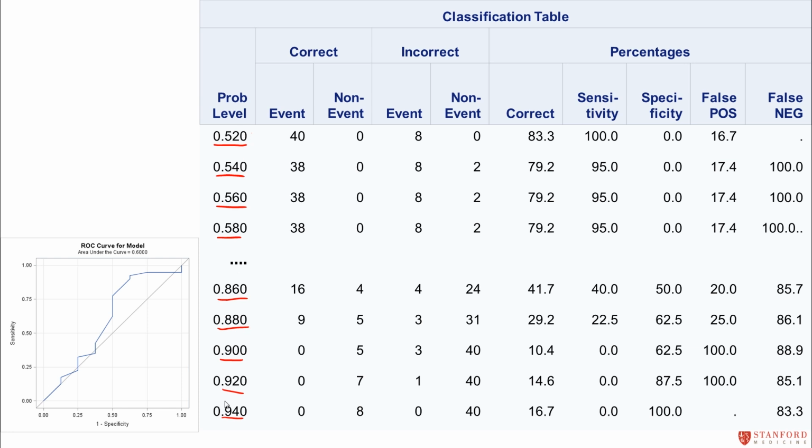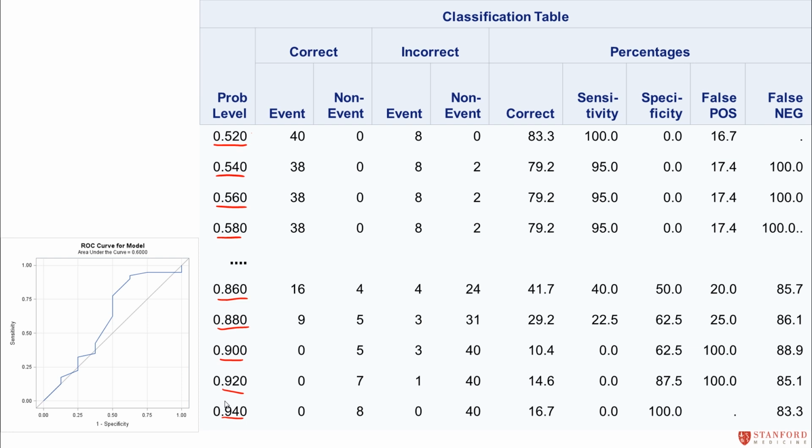The ROC curve is based on sensitivity and specificity, but we have a continuous predictor here. So it's not that I have a test and you either pass or fail. To get sensitivity and specificity from a continuous predictor, we're going to have a range of sensitivities and specificities.